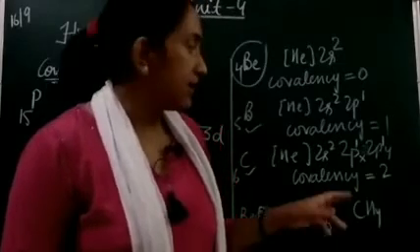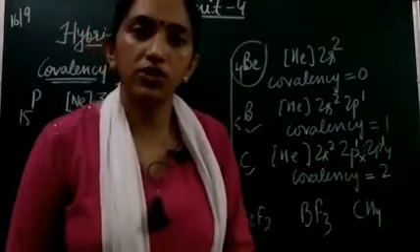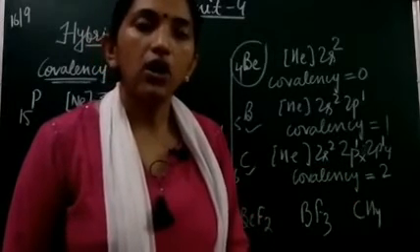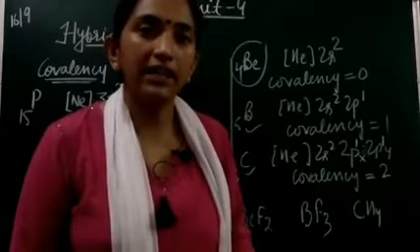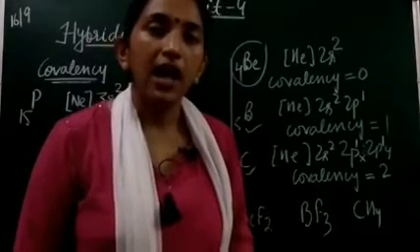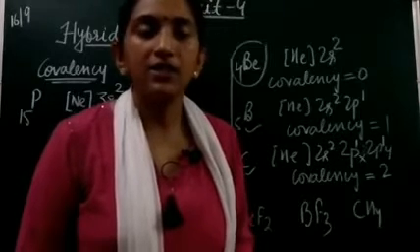Right. So that means the s orbital is also involved in the bond formation. So the bonds will be formed by the overlapping of the s orbital and the p orbitals. They would have different bond enthalpy. But it is not so.